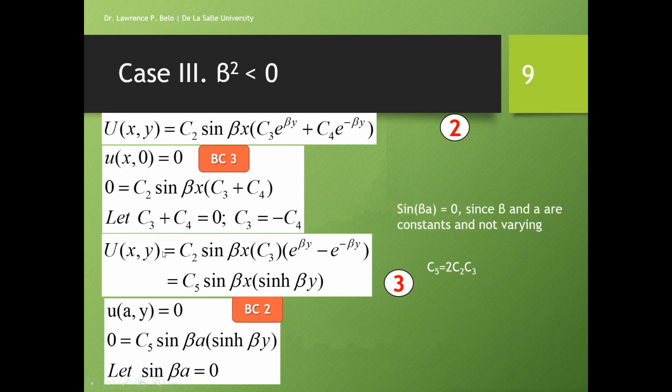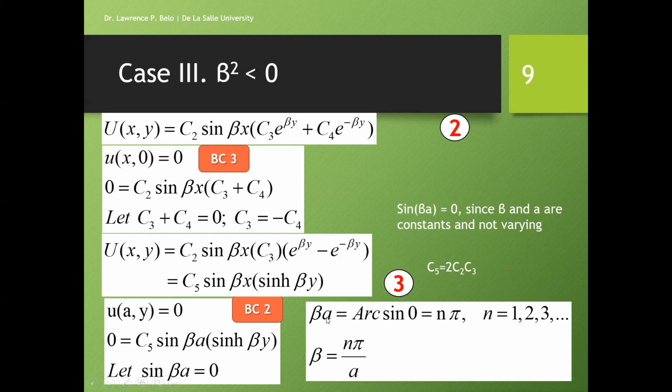Okay. Next, yung isang boundary condition. Ito, variable na to. Ito, A. A is any constant that's non-zero. So, if apply natin siya dito, if we let sine beta A be equal to 0, ito siya. Sine beta A equals 0, magiging beta A is equal to arc sine of 0 is equal to n pi.